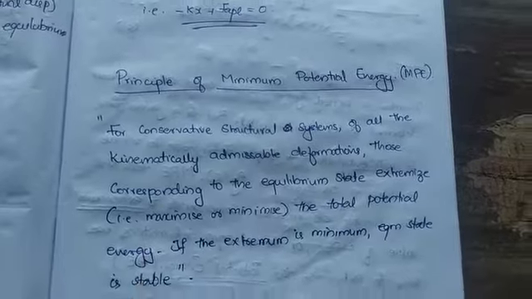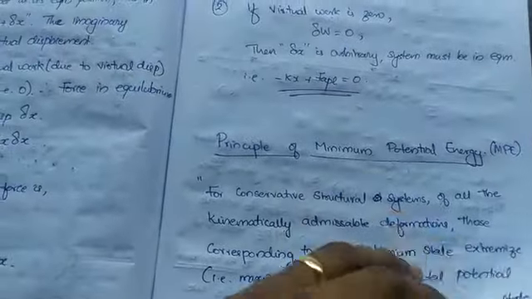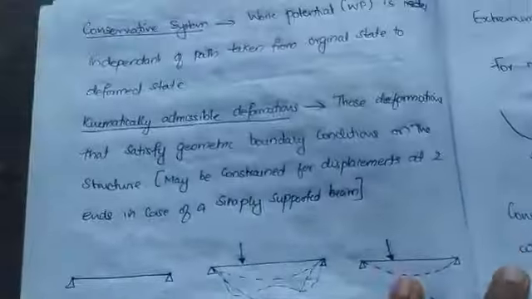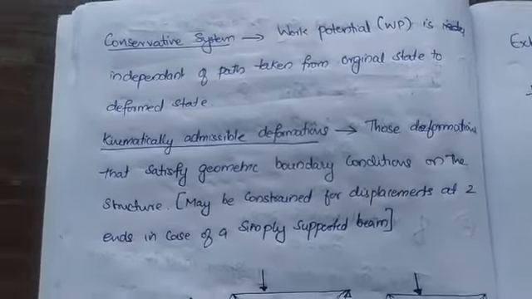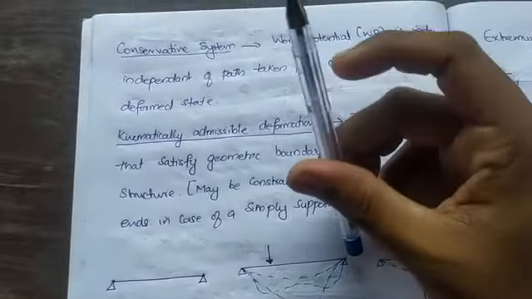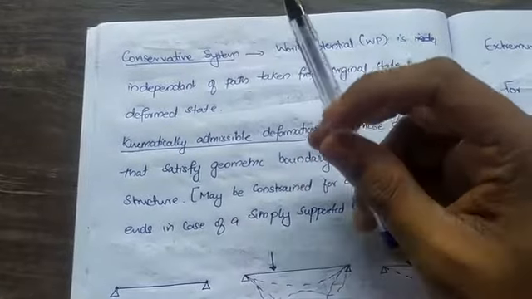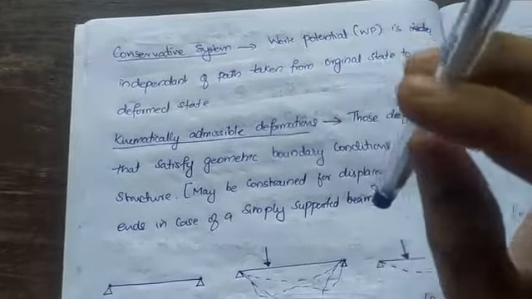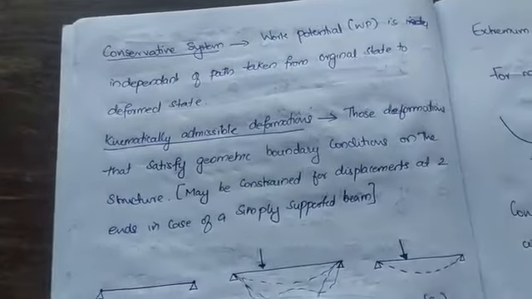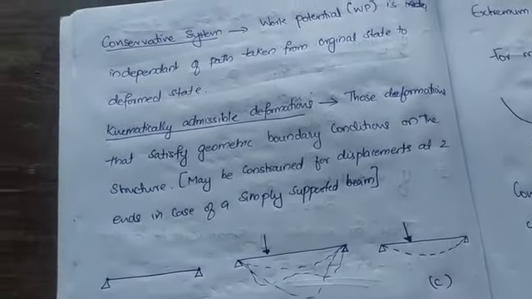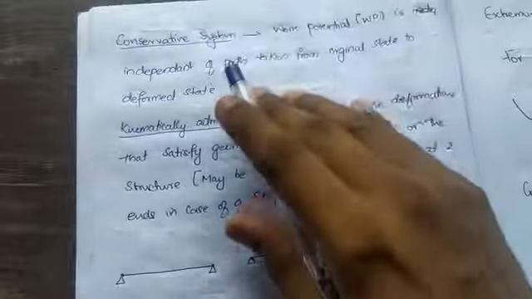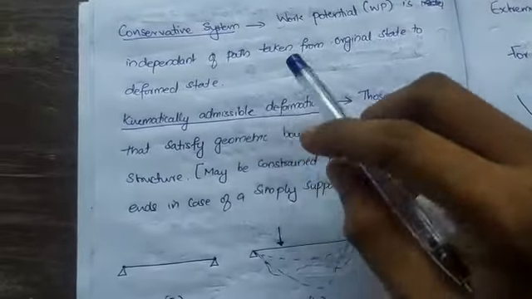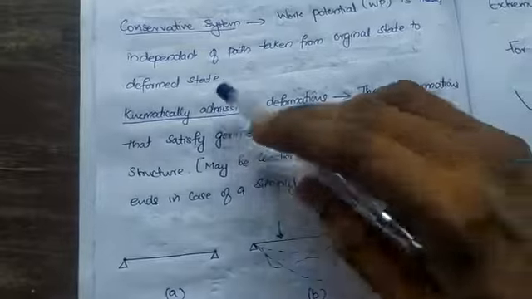We'll see that. For conservative structural systems, what do you mean by a conservative system? What do you mean by potential energy? It depends on virtue of its position. When an object moves, it depends only on position.